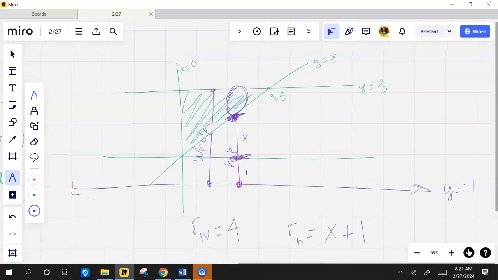Okay, where are you getting 4 from? Oh, you're saying you're taking this whole thing and subtracting that.